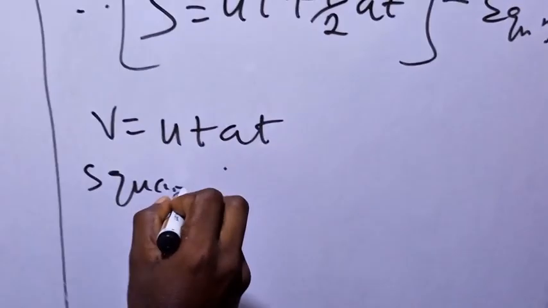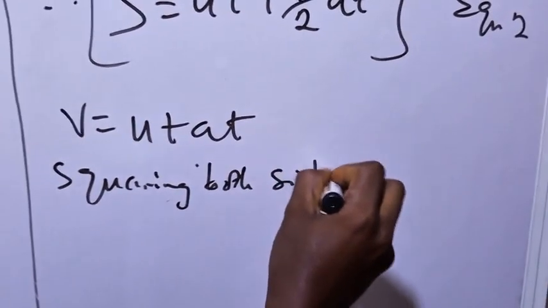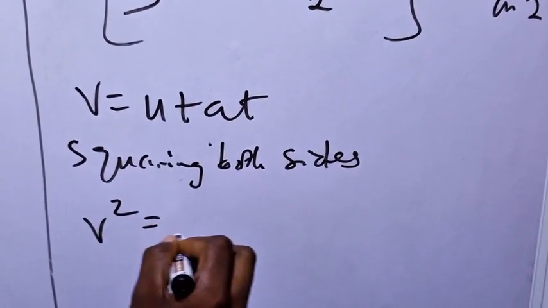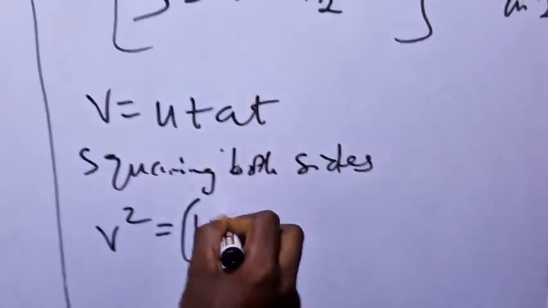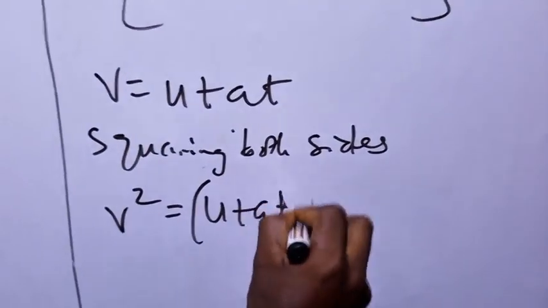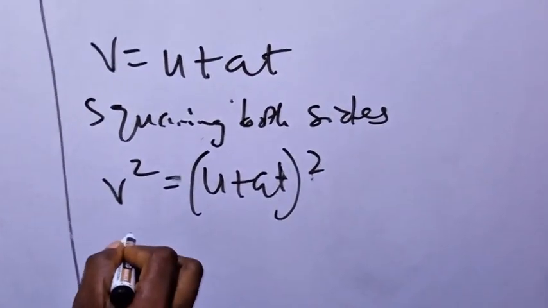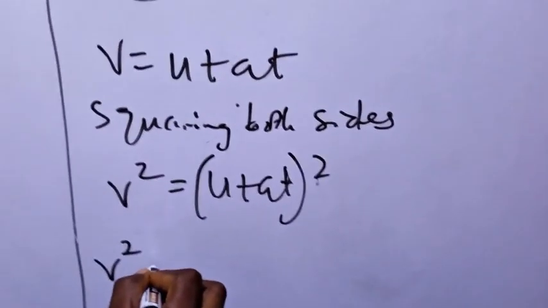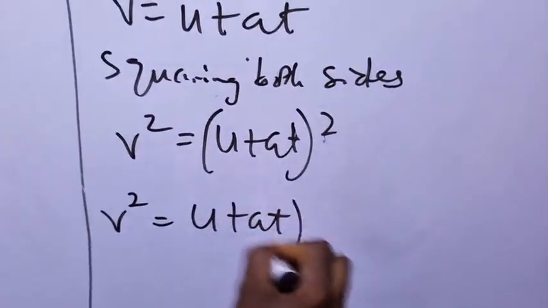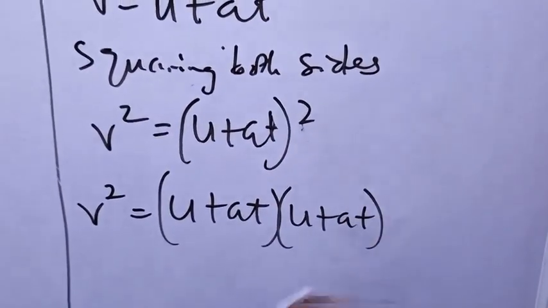Squaring both sides, we have v square equals u plus at, all squared. Now expanding them, we have v square equals u plus at and then u plus at.